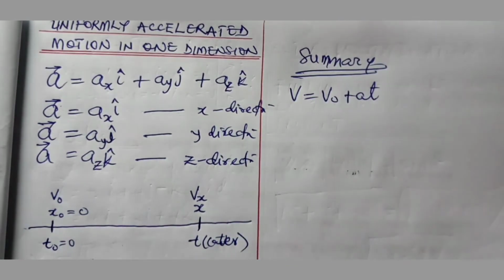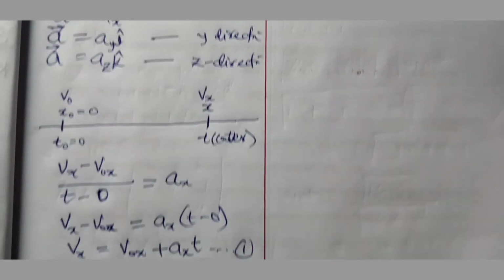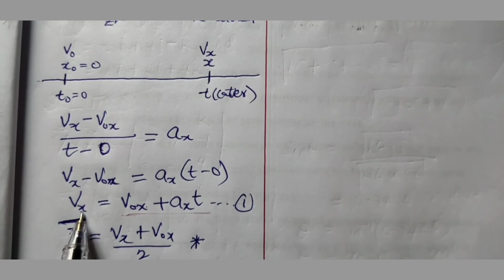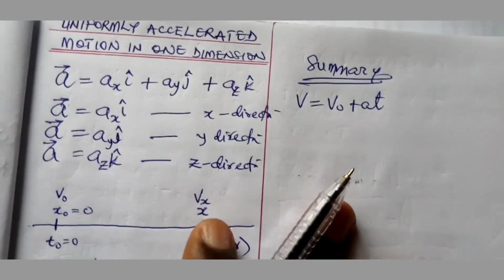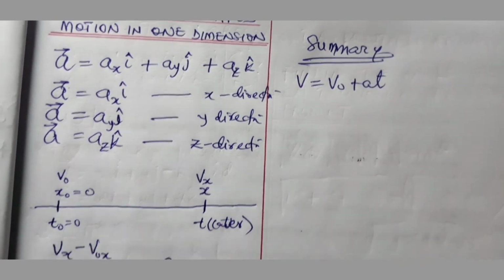We are dropping the subscript x because this will hold in the y direction, where vy is equal to v0y plus ay t, and in the z direction, where vz is equal to v0z plus az t. If we drop the subscripts, our equation 1 becomes that.